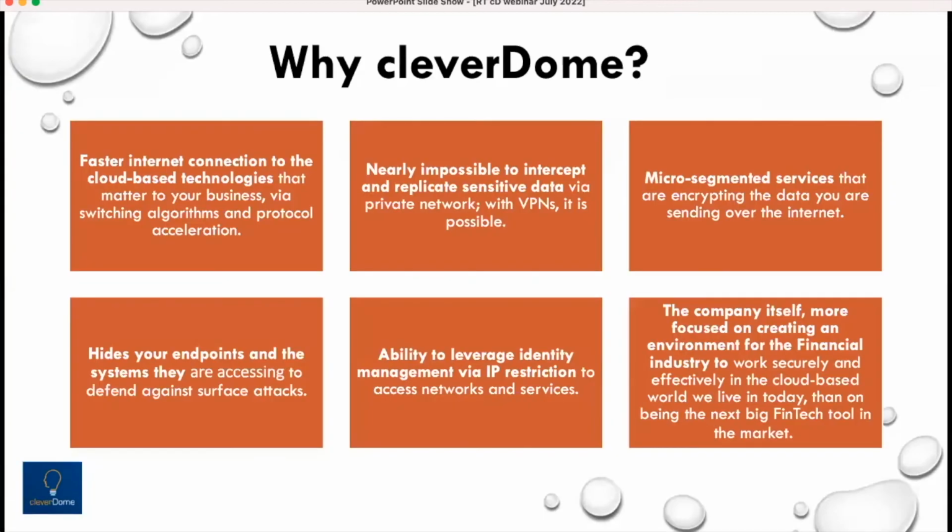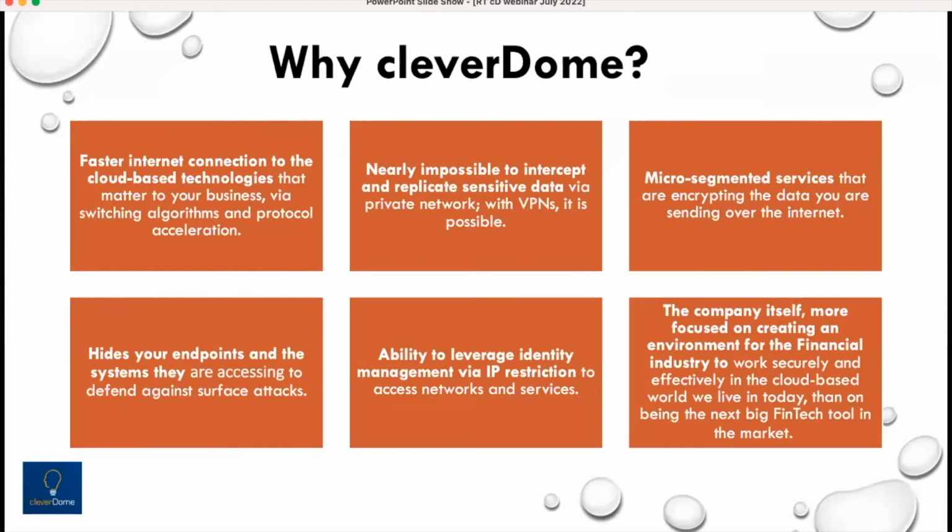Awesome. And so why should I use Cleverdome? Sure. So there are a lot of different reasons, and we have them here. Essentially, what's the fastest way to get your information off the open internet? It's by using Cleverdome. And when we designed it, it was specifically for the financial industry.